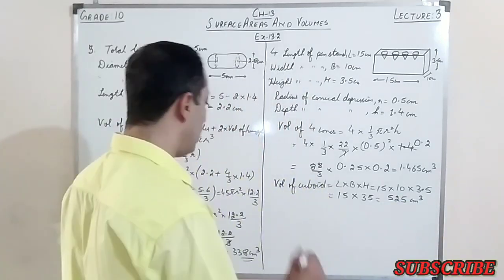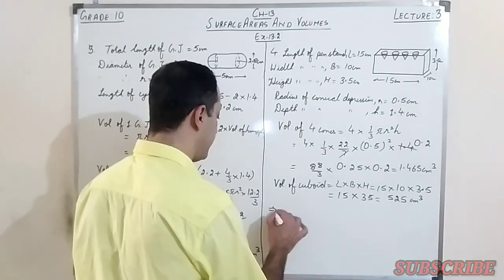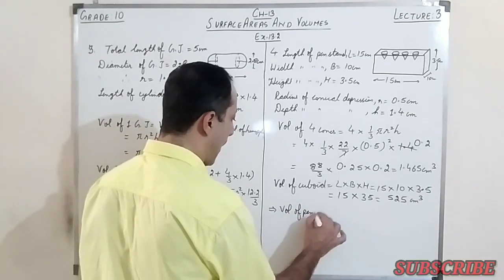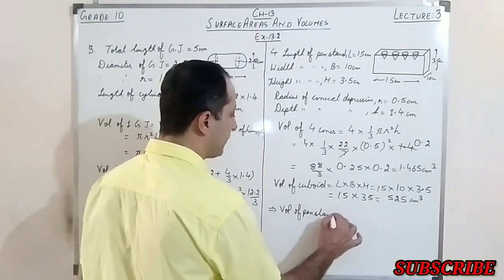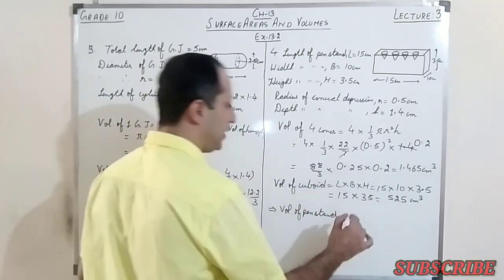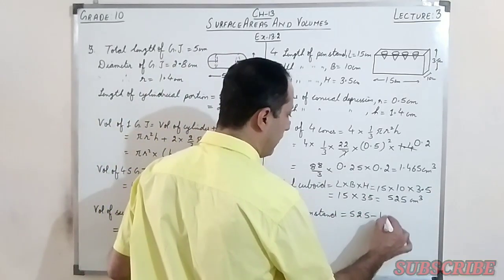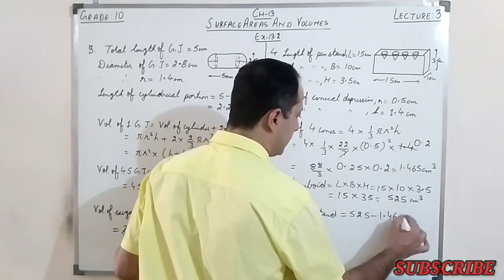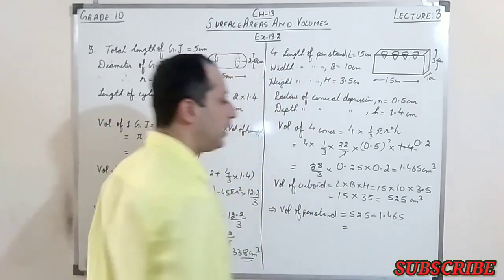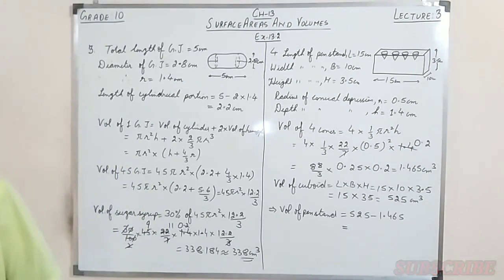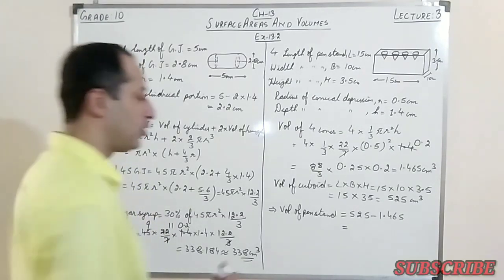So this means volume of pen stand, for that we subtract these two volumes, so that is 525 minus 1.465. So we can approximately write it as 523.5 centimeter cube.